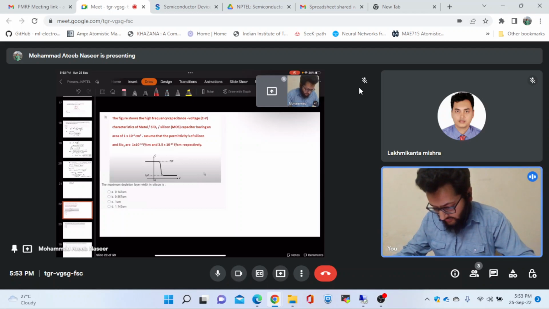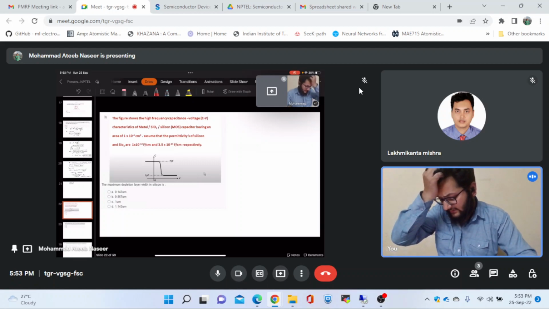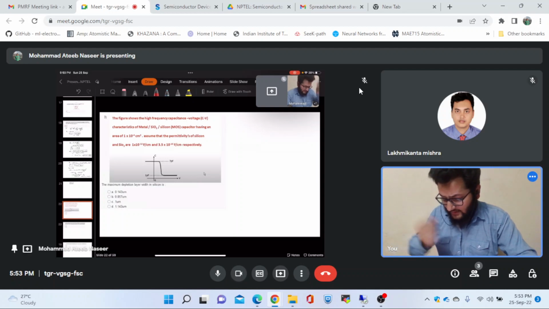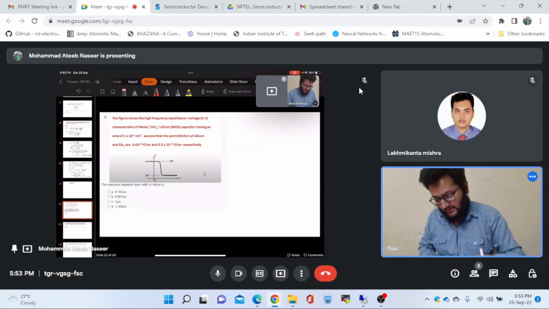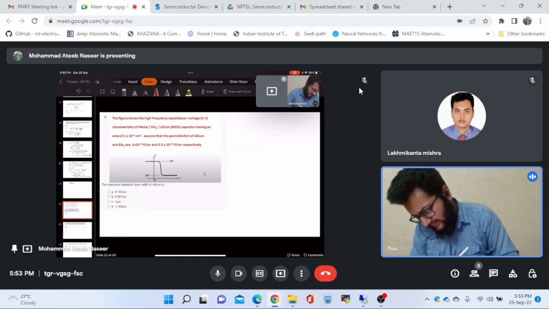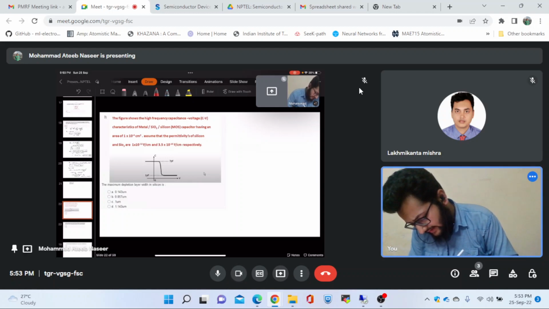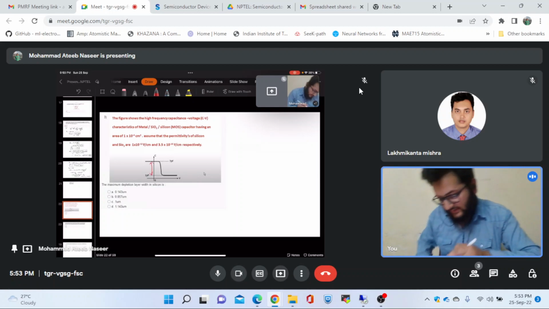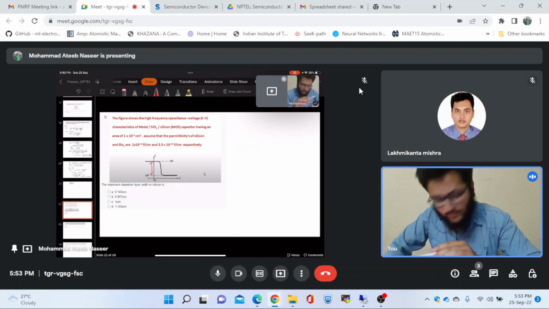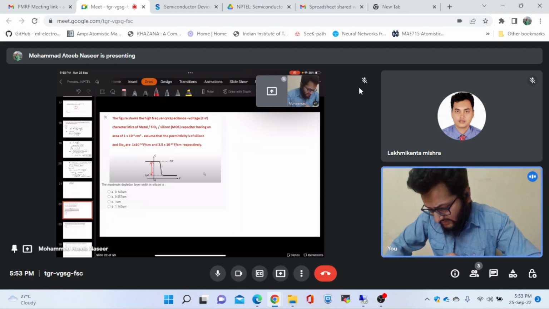We have been told to find the depletion layer width, and we have also been given the area. Now if we consider zero voltage, at 0 volts, at that time there will be no depletion region.